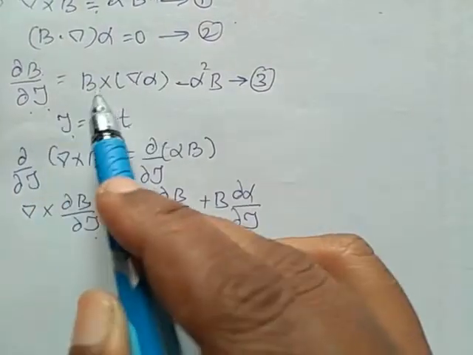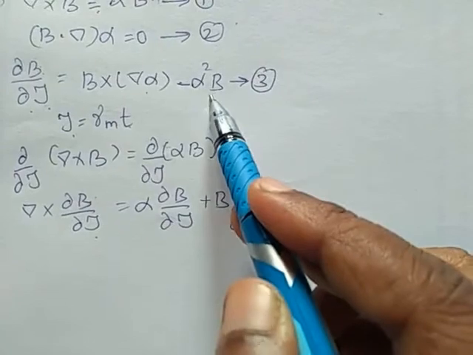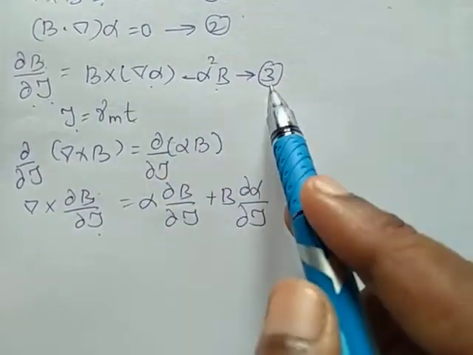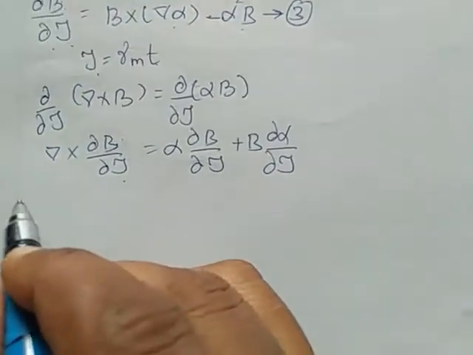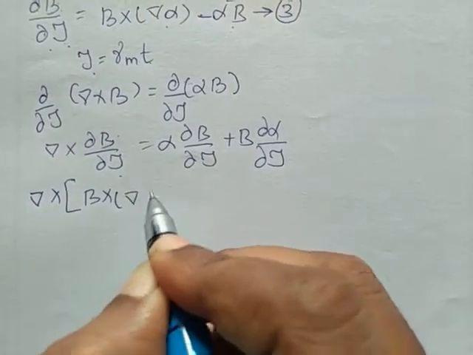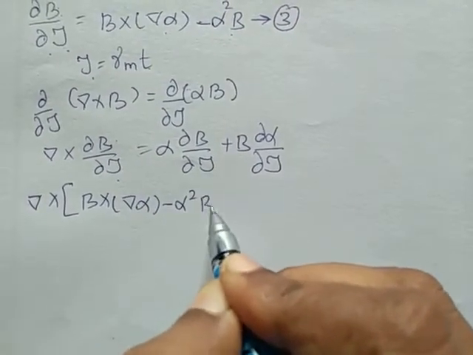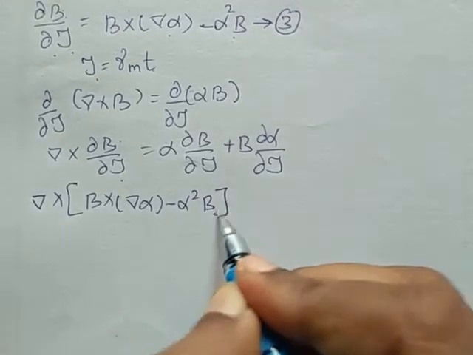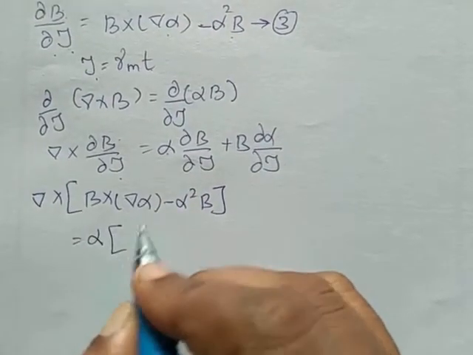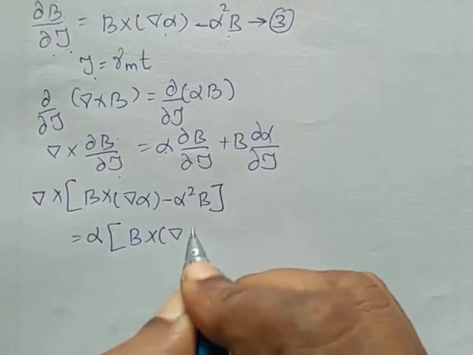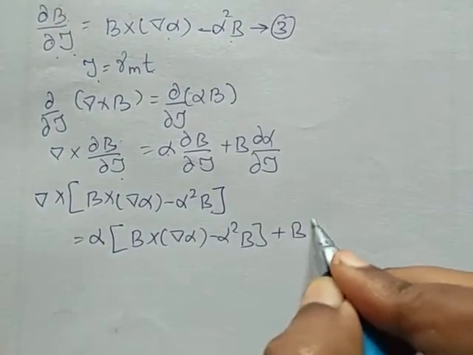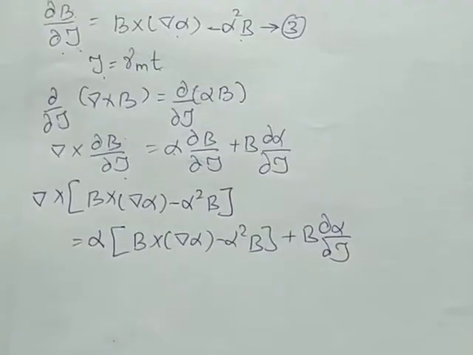Dou B by dou tau is B cross del alpha minus alpha square B. So we are going to substitute the dou B by dou tau value from equation 3. So this equation becomes del cross of B cross del alpha minus alpha square B is equal to alpha into B cross del alpha minus alpha square B, plus B dou alpha by dou tau, which remains as it is.